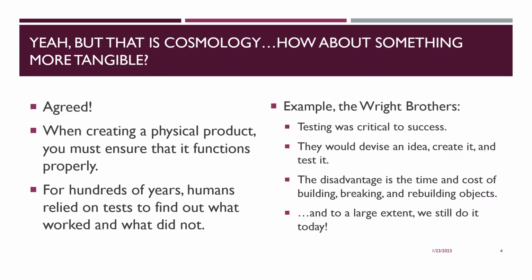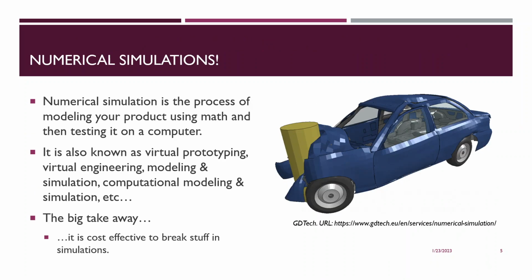So let's talk about that. In general, when we're talking about modeling and simulation, before we jump into numerical simulations a little bit more, back to testing a car and the crashing of a car, we can actually prototype that virtually. We don't have to take a car and put it through its paces, putting a new composite hood on it to lower its weight, and then see how the crash testing goes.